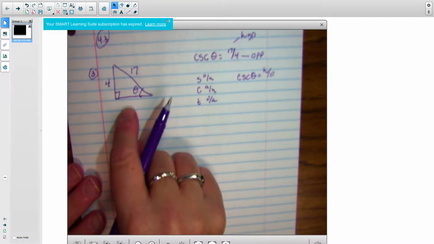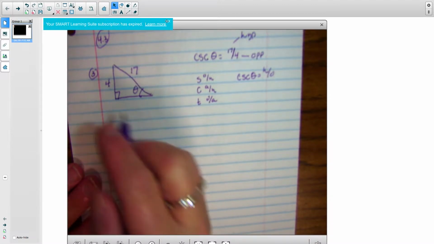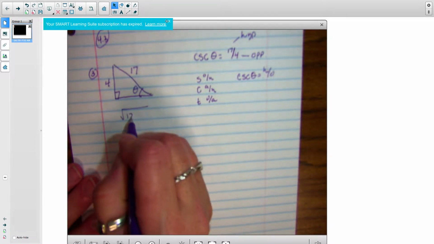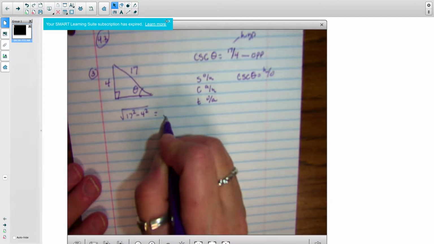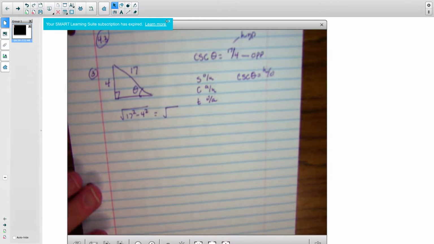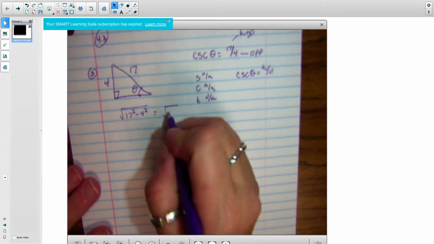How do I find this value here? This is going to be 17 squared minus 4 squared. Someone do that for me in the calculator, please. What's 17 squared minus 4 squared? 273.